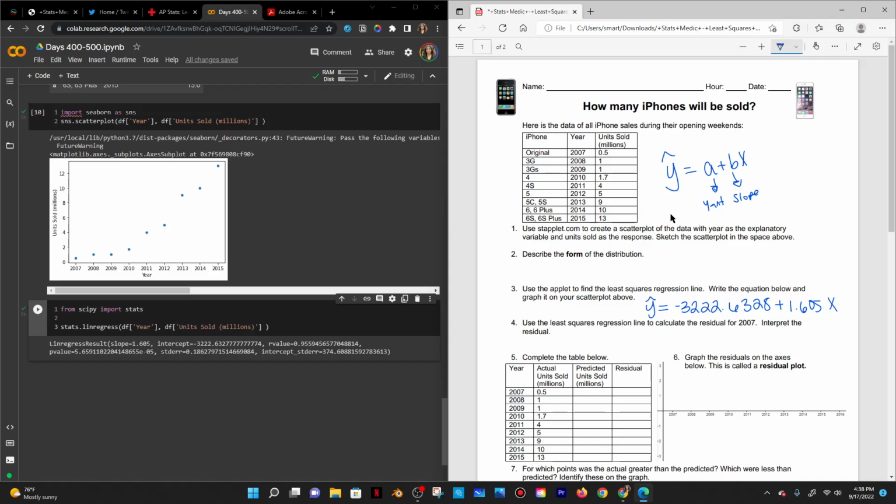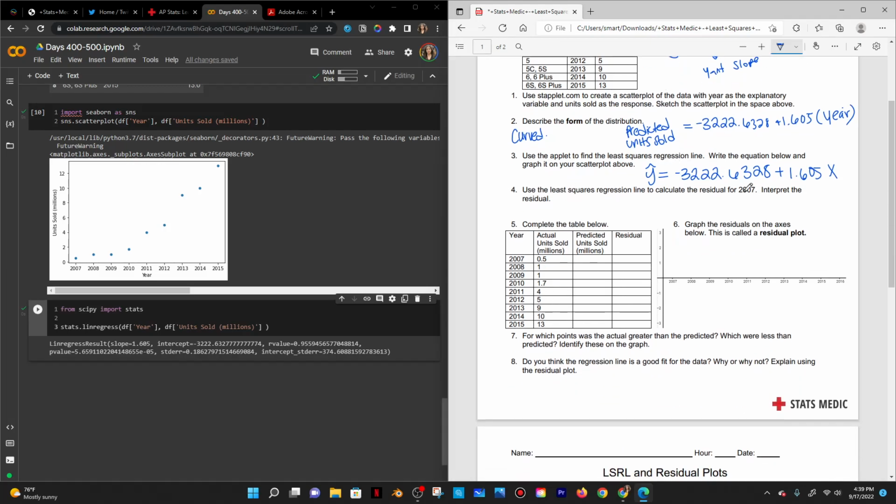So in context, the predicted units sold is equal to negative, is it negative? Oh wow, it is. 3,222.6328 plus 1.605 times year. So when you put in the year, you'll get the predicted units sold for that year. That's the idea. And then let me write the form here. So the form is curved.